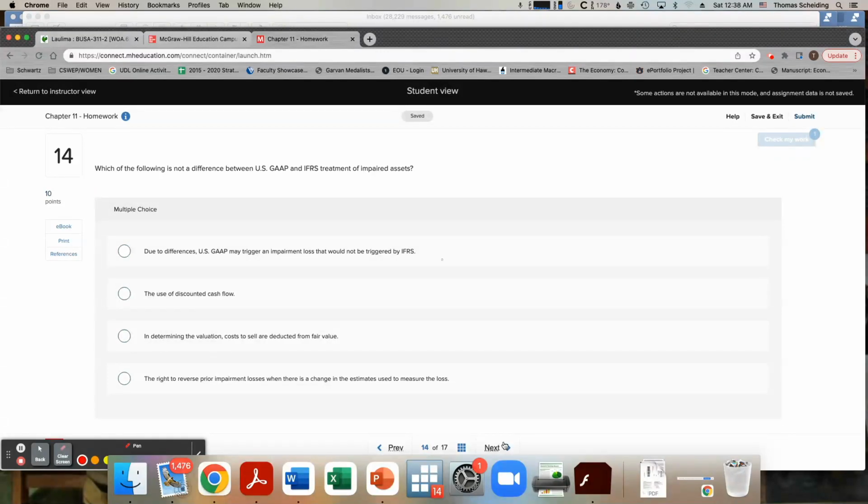Which of the following is not a difference between GAAP and international financial reporting standards? Well, they both do use discounted cash flow. To determine their value, they both include the cost to sell and take that out of the fair value.